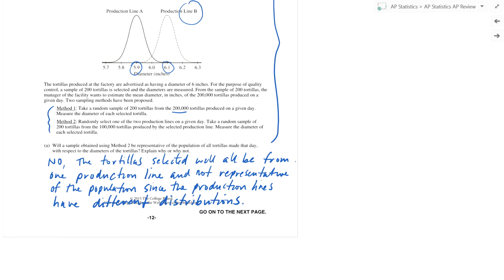So the answer is no. The tortillas selected will all be from one production line and not representative of the population, since the production lines have different distributions. Okay, straightforward, right? I think if you simply said the tortillas selected will all be from one production line, so it won't be representative of the population of all tortillas, you'd be fine on that.